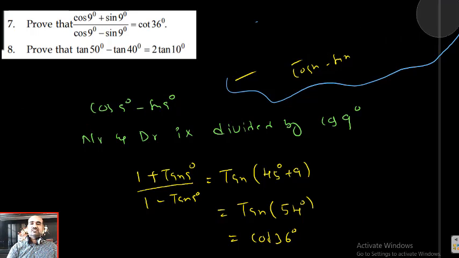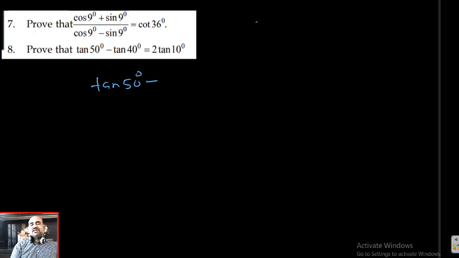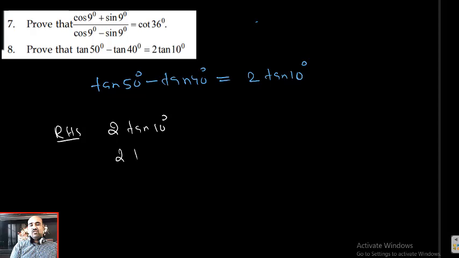Next problem. Tan 50 degree minus tan 40 degree should be proved as 2 tan 10 degree. So I want to take the RHS. 2 tan 10 degree, that is 2 tan of 90 minus 80 degree, 2 cot 80 degree, 2 cot 2 into 40 degree.